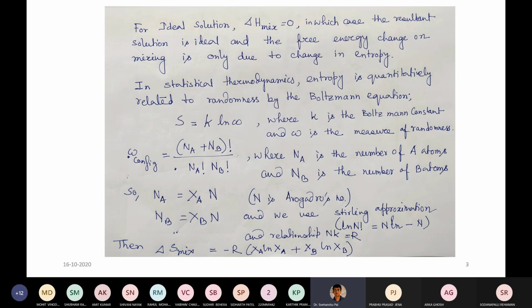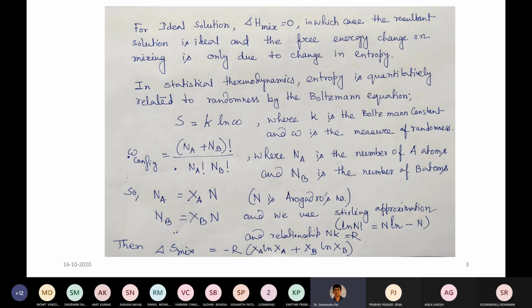If you use both these relations, then we will easily get del S mix equal to minus R times the bracket of Xa ln Xa plus Xb ln Xb. This is the entropy of mixing, coming from configurational entropy, of two different types of atoms, A and B.